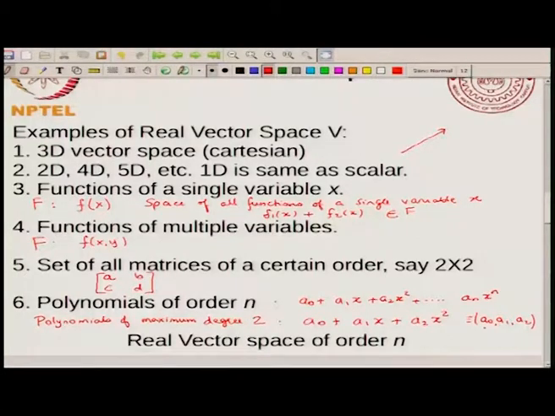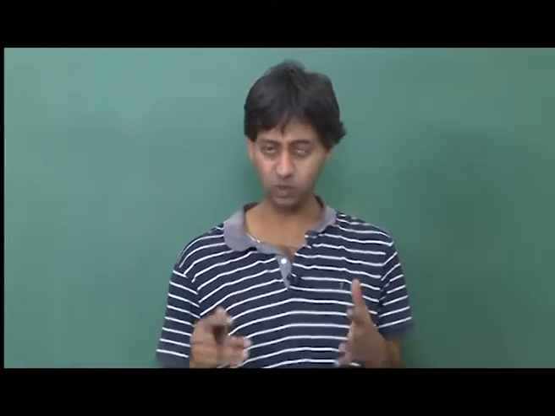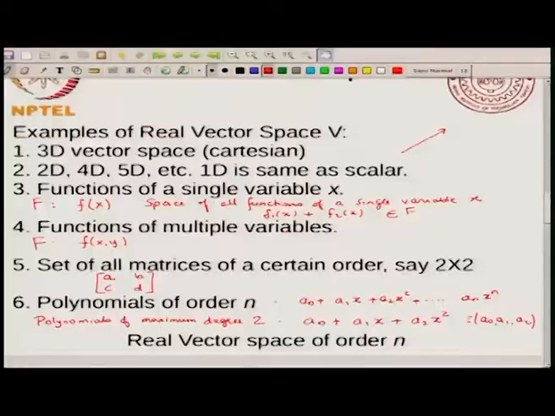So it is completely equivalent to a 3-dimensional vector space. There is formally no difference between these, and similarly this set of 2 by 2 matrices is exactly equivalent to a 4-dimensional real vector space.